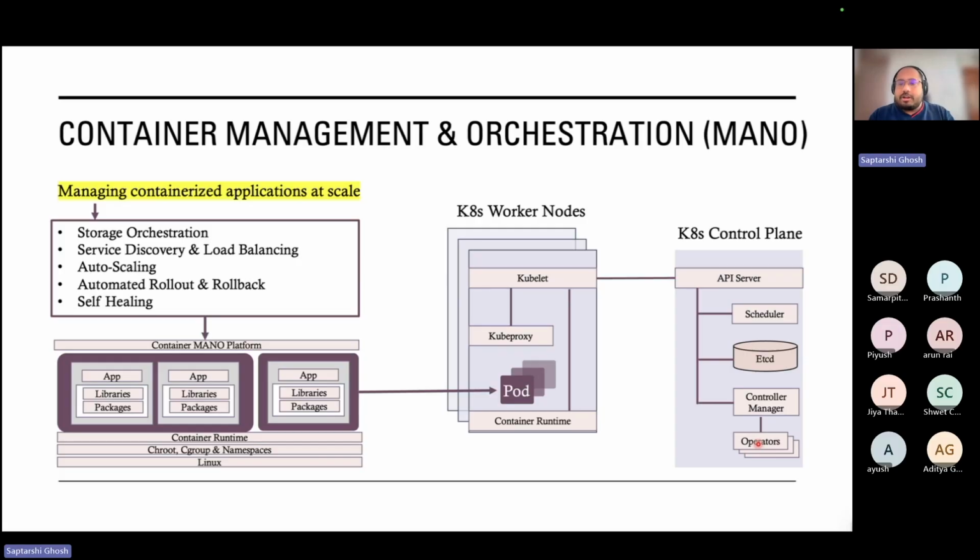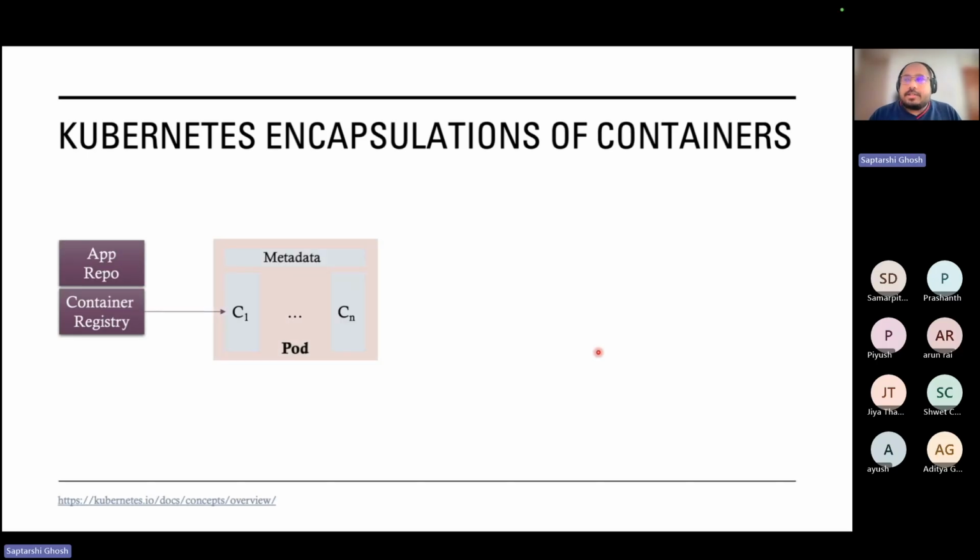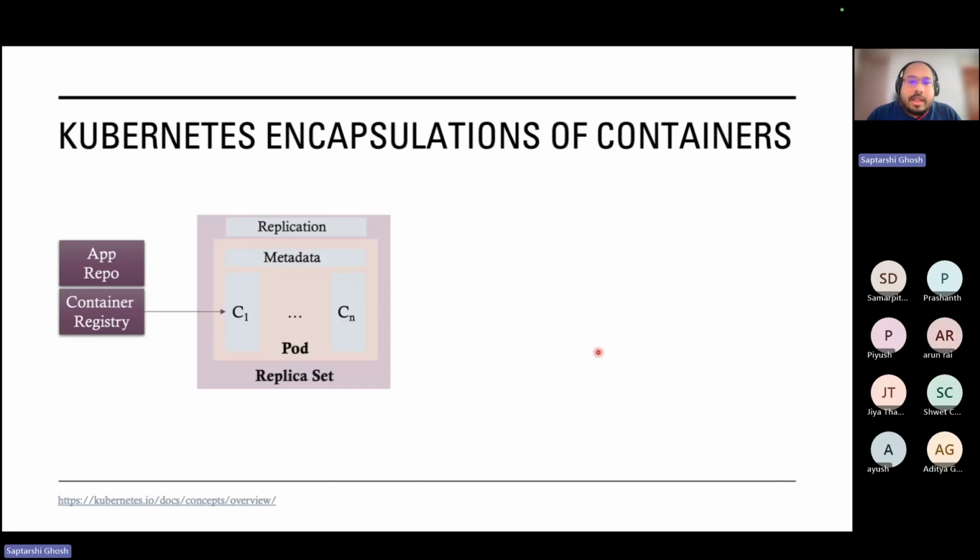The replication controller manager will go and speak to the respective kubelet to spin up new containers in the respective worker node. So that extra feature is only available if we encapsulate a pod into something called a replica set.